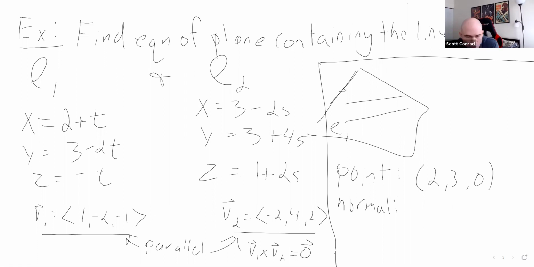Okay, so we have one vector, right? V1, the vector from the first line. How do we get a second vector from these two lines, which is not parallel to V1? What's something we could do?